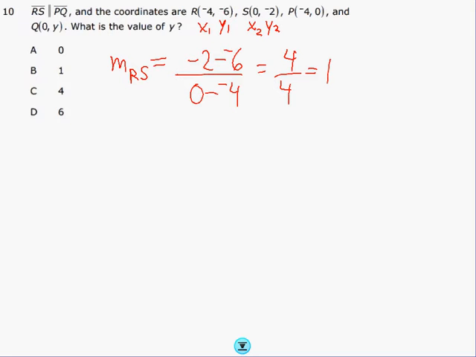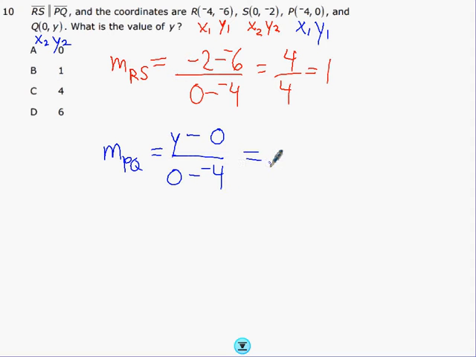All right, now again, these lines are parallel, and so when I find the slope of PQ, I should also get 1. Let's find the slope of PQ. I've got x2, y2 over here, and x1, y1 over here. y2 minus y1 over x2 minus x1.